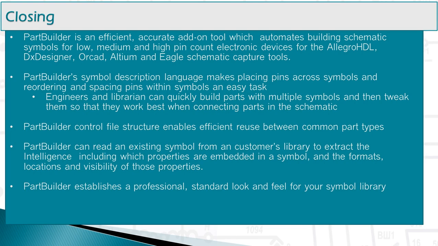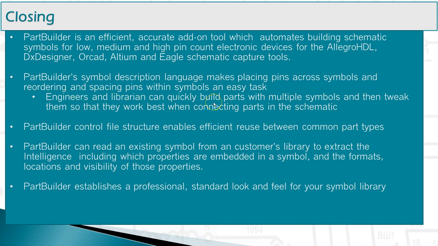In closing, PartBuilder is an efficient, accurate add-on tool which automates building schematic symbols for low, medium, and high pin count electronic devices for the Allegro HDL, DX Designer, OrCAD, Altium, Eagle, PADS schematic connector tools. PartBuilder's symbol description language makes placing pins across symbols and reordering and spacing pins within symbols an easy task.